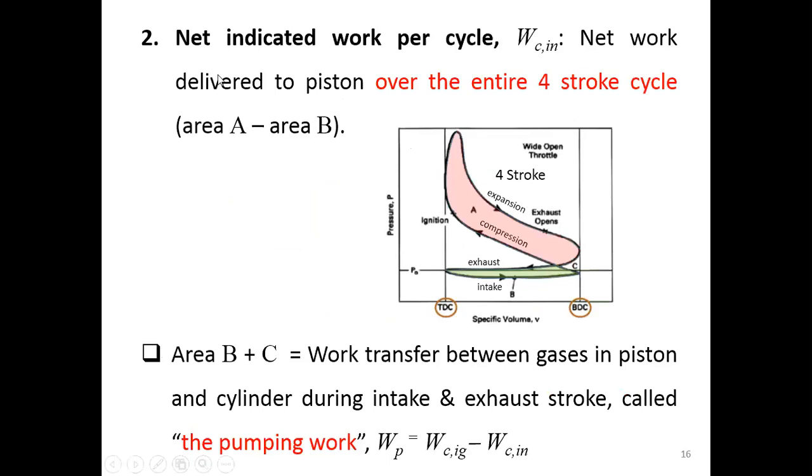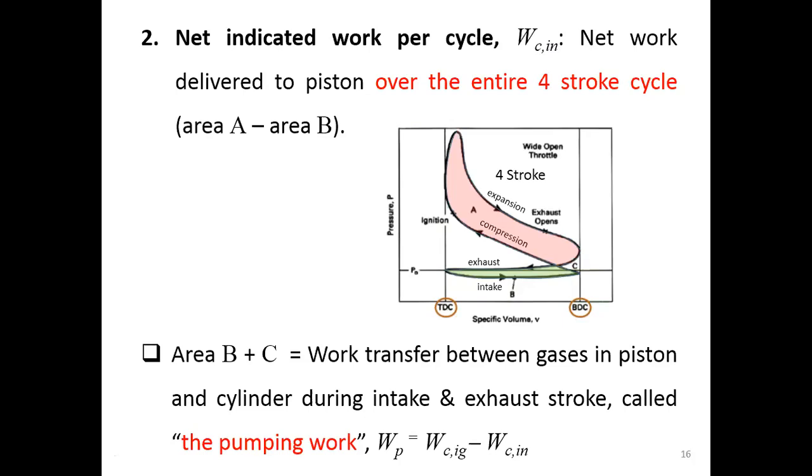So the second definition is called net indicated work per cycle. Again, C stands for cycle, I stands for indicated, and N stands for net. It is the net work delivered to the piston over the entire four-stroke cycle. For the gross, we only concern compression and expansion. For the net, we concern intake, compression, expansion, and exhaust.